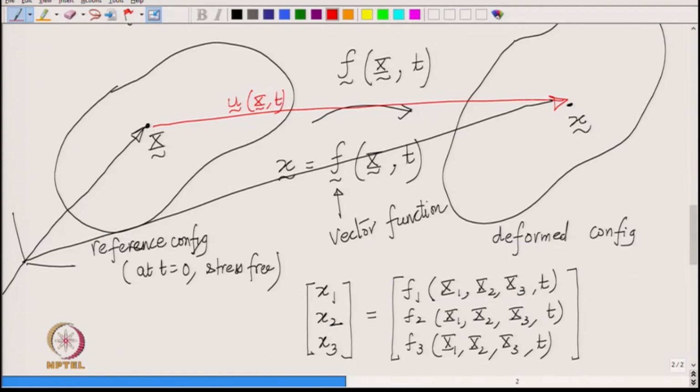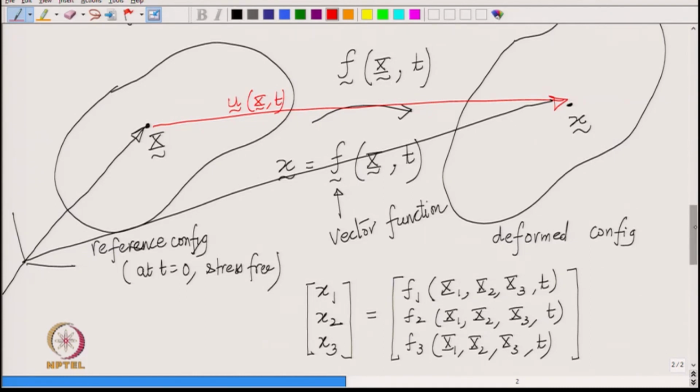So, displacement is also a vector quantity, therefore, with u you have a tilde below it, and then the displacement depends on big X, that means which material particle. We are measuring the displacement of which material particle, therefore, it depends on big X and also on time, because with time the particle may be changing. So, the displacement is also changing with time.